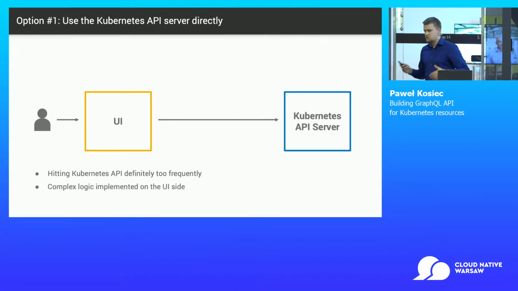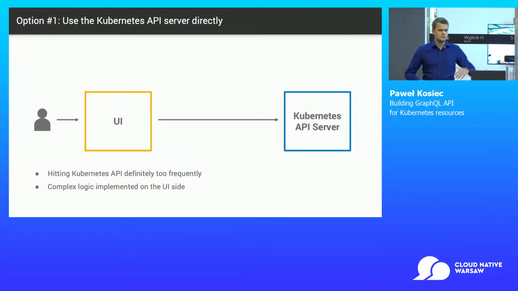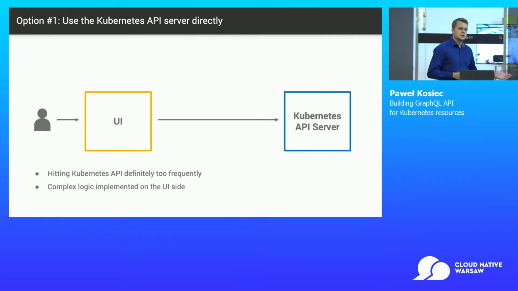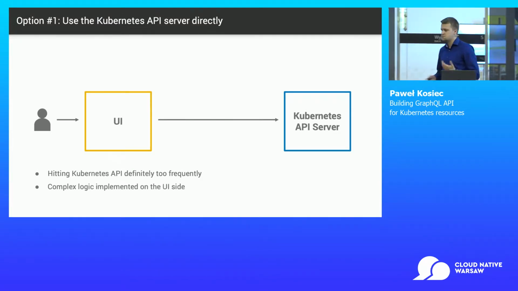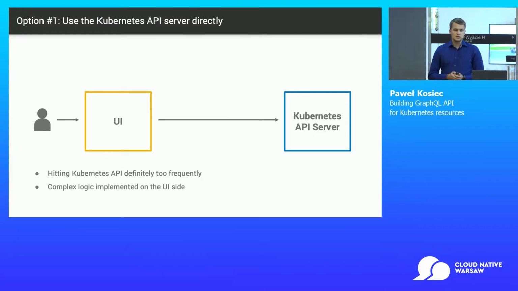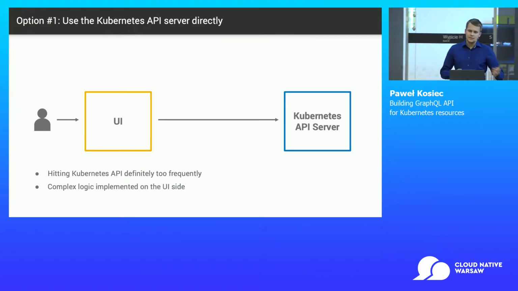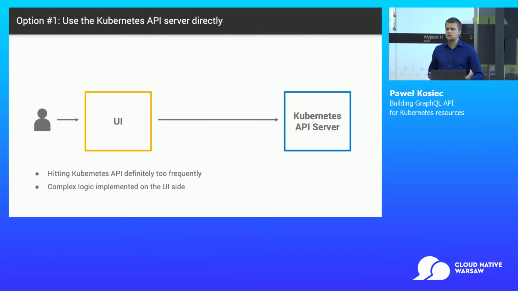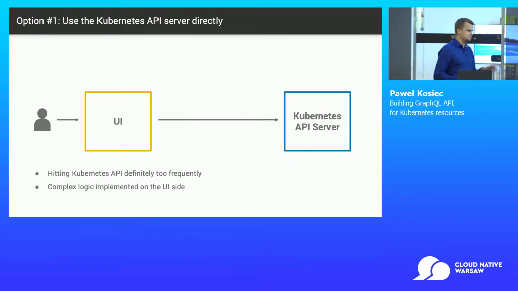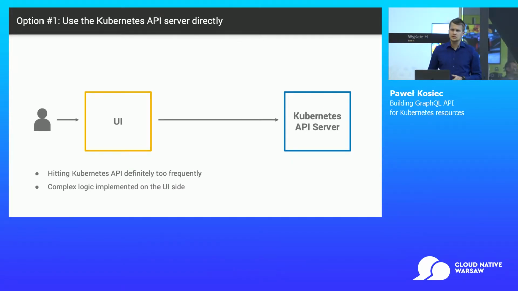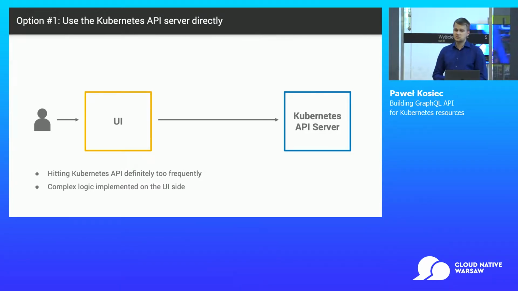We need to make multiple requests for a given view. We need to somehow merge the responses and do some other computations, because of course the Kubernetes API server is a simple CRUD API. So this is also not a great point of this solution.